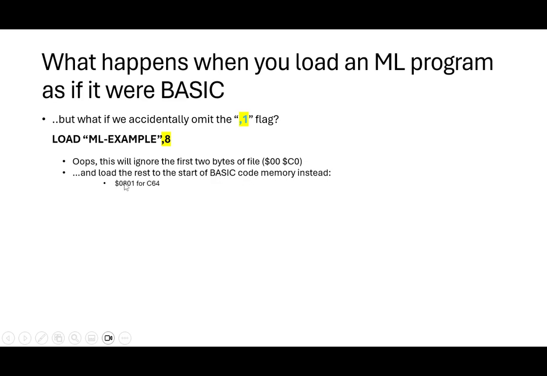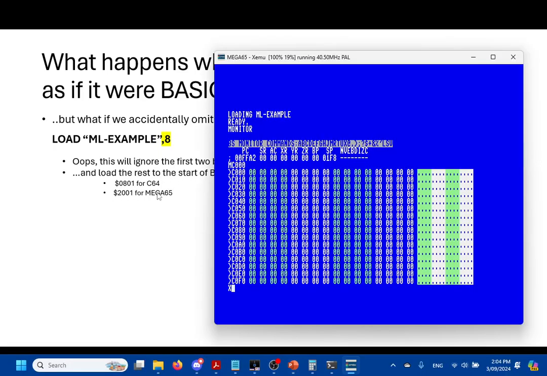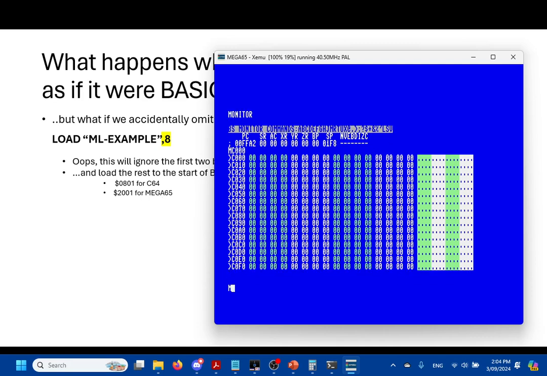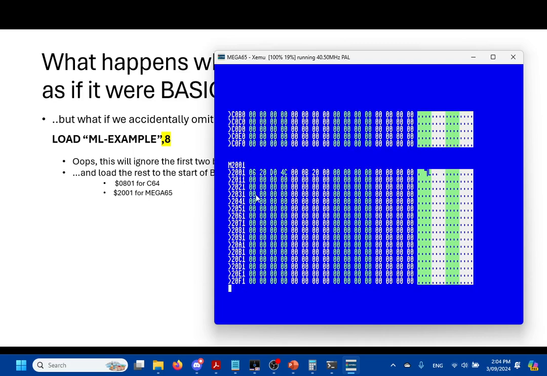For the C64, it would have loaded it here, and for the Mega65, it would have loaded it here. Well, maybe I can take a look at that too. If I look at the memory at 2001, I see something a little bit different, but I do see some bytes still in the right place. Not sure what happened. Maybe the load routine does a little bit of extra work there.